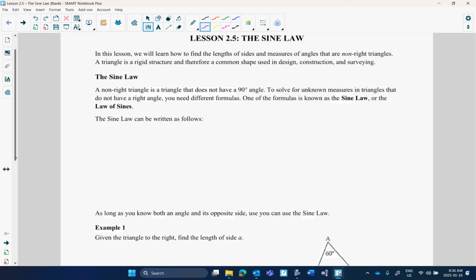So sine law says the following: if we take one side over the sine of its angle opposite, it's going to equal another side over the sine of its angle opposite, which is also going to equal the third side over the sine of its angle opposite.